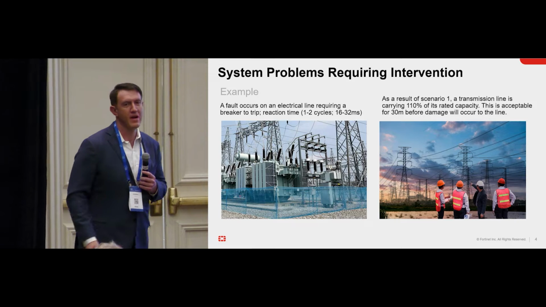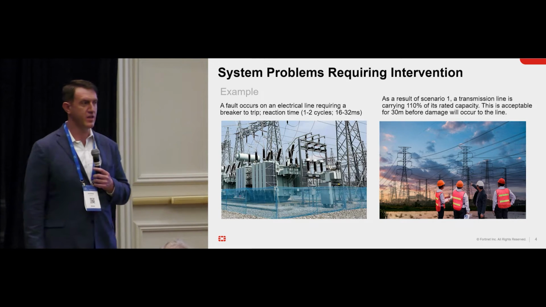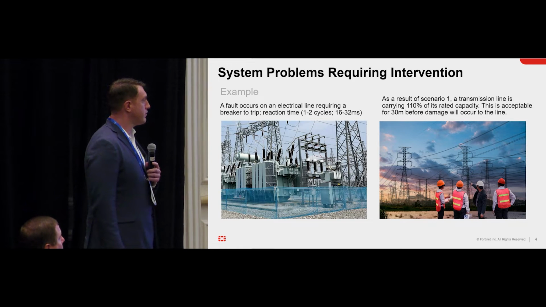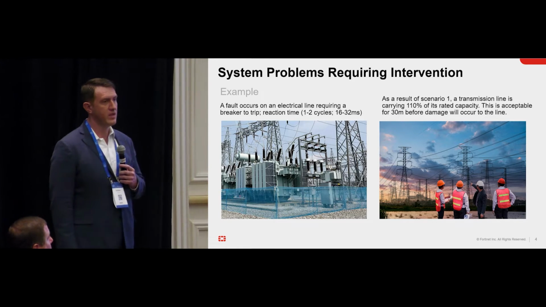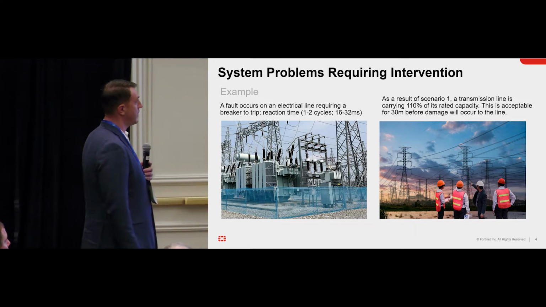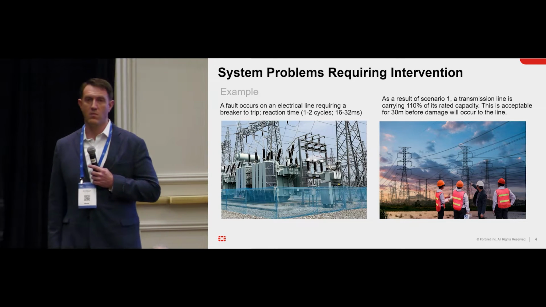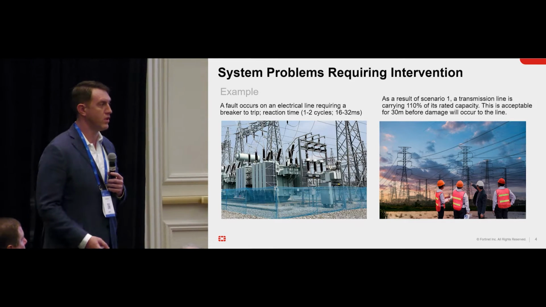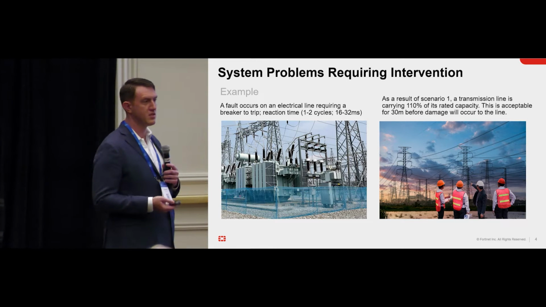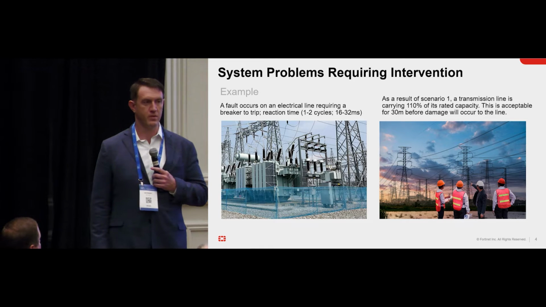Like I said, I come from power generation, so I spent some time doing reliability engineering. And so, here are two situations where we need intervention, right? One is a fault occurring on an electrical line requiring a breaker trip. When you interconnect with a large transmission owner, you are told if you have a fault within your system, you have 125 milliseconds to trip, right?